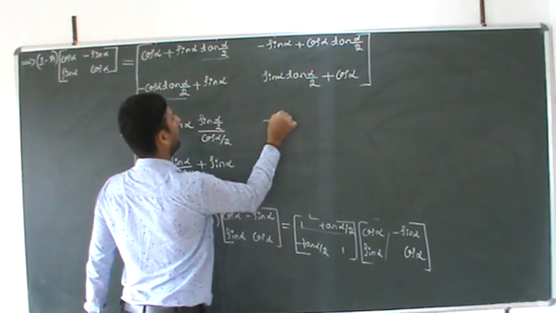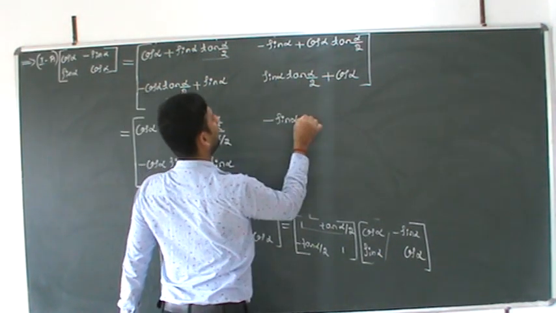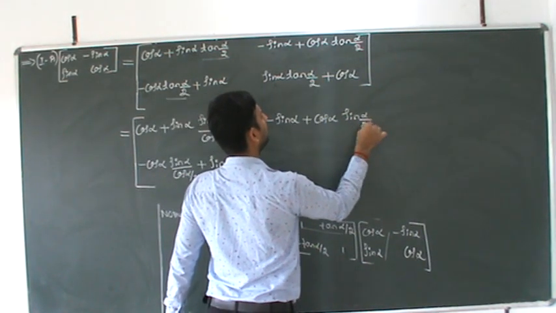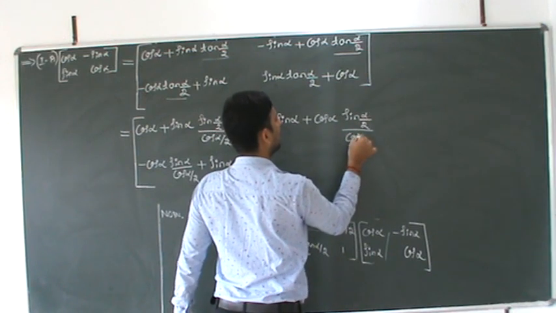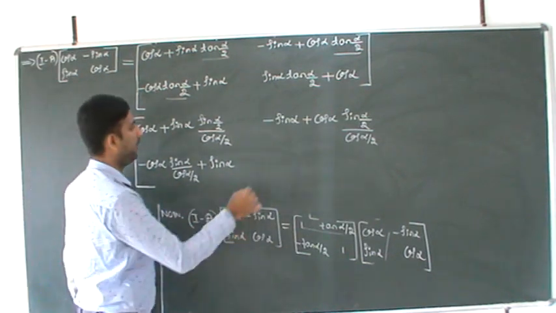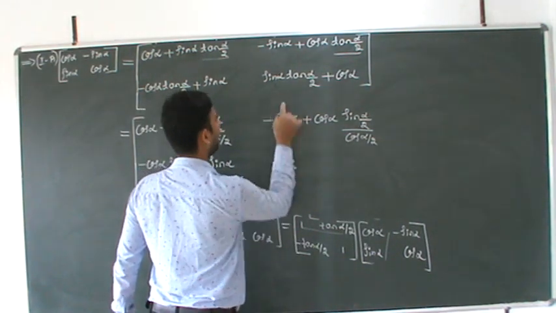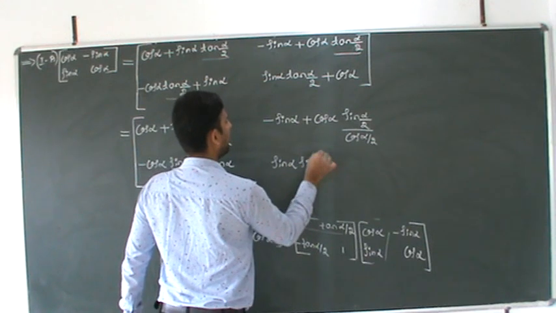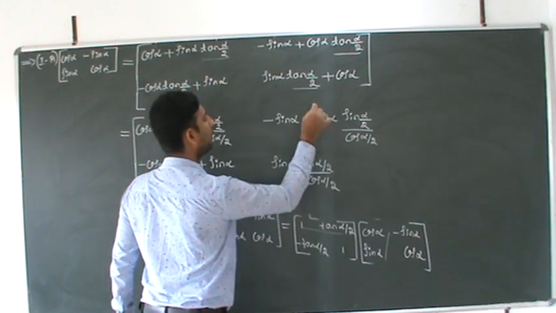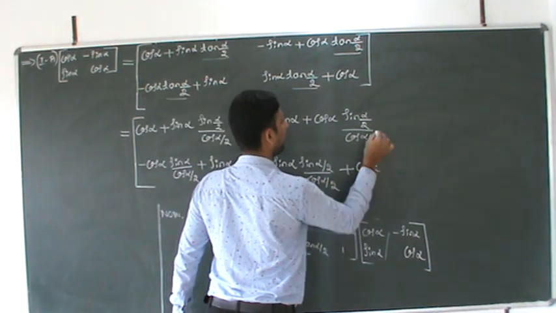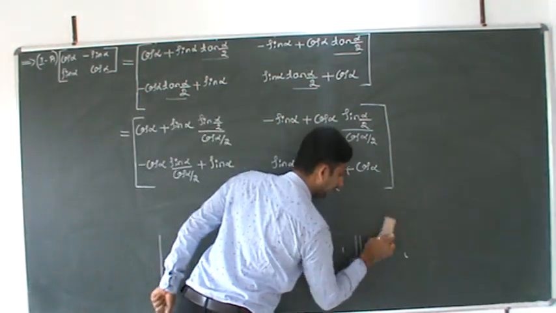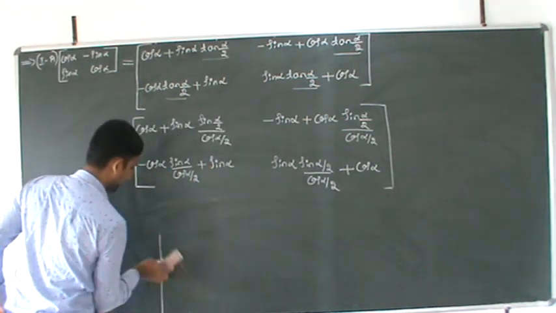After that, minus sin alpha plus cos alpha sin alpha by 2 divided by cos alpha by 2. Tan alpha by 2 can be written as sin alpha by 2 divided by cos alpha by 2, and cos alpha as it is, correct? The problem is somewhat lengthy, but the steps are very simple.